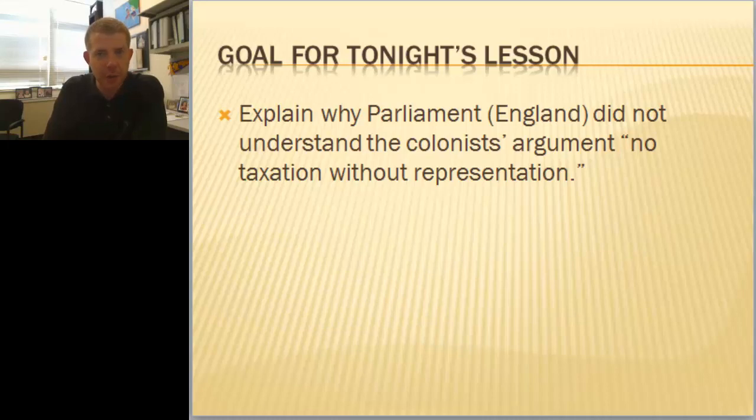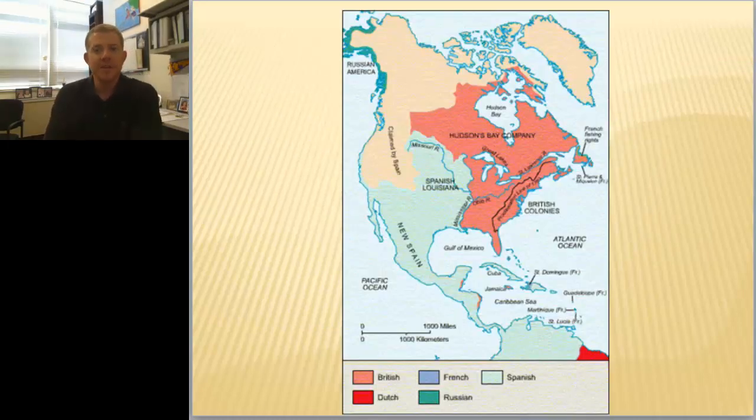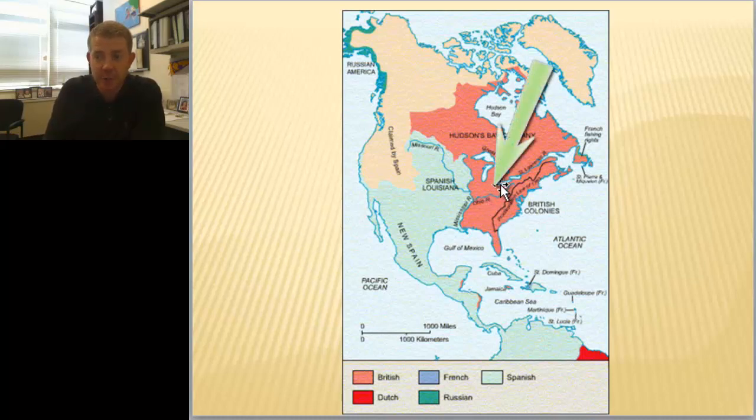So let's do a little reviewing. This is what the American colonies looked like as of 1763, and we know that this land was gained as a result of the French and Indian War.